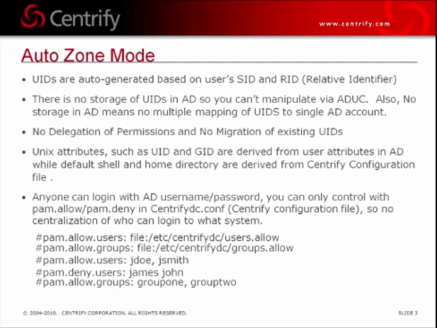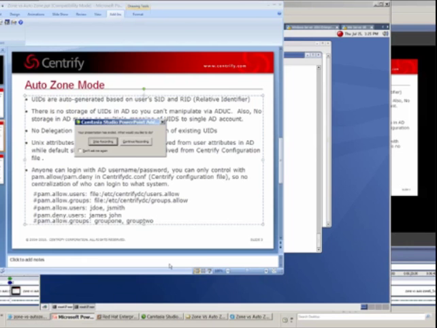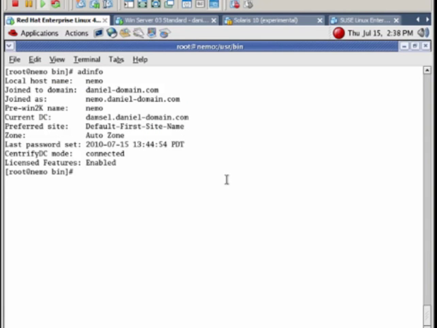Let me do a quick demonstration on how this works. We're going to take a look at the pam.allow.users setting and see how we can allow JDoe and JSmith to log in. Let's take a look. On my Red Hat machine, I'm currently joined to Autozone. Now we will modify the Centrify configuration file.